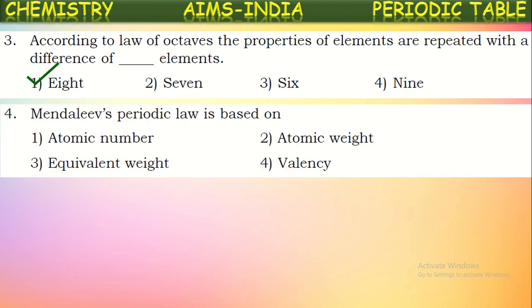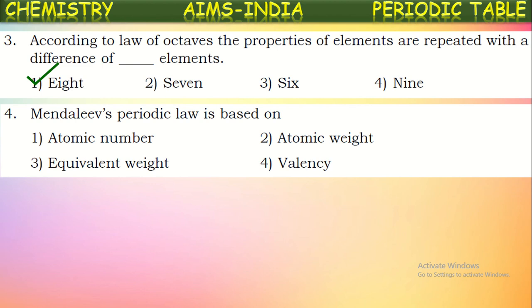Next, Mendeleev's periodic law is based on, yes, till Mendeleev, all the scientists believed that there is a relation between the atomic mass of elements and their properties. That is why they tried to classify the elements based upon atomic masses or atomic weights.